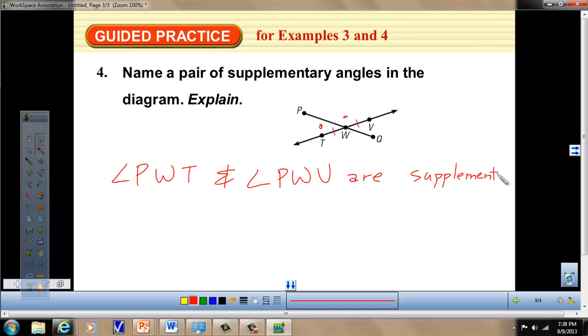And that would be it. Oh, and explain. Well, the best way to explain it is PWT and PWV are a linear pair.